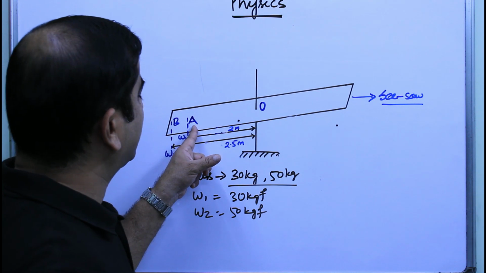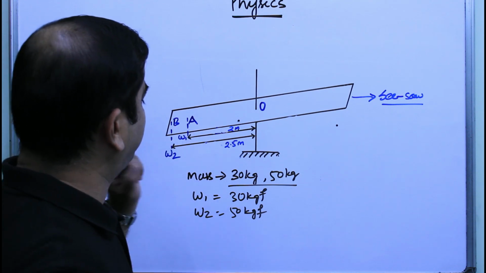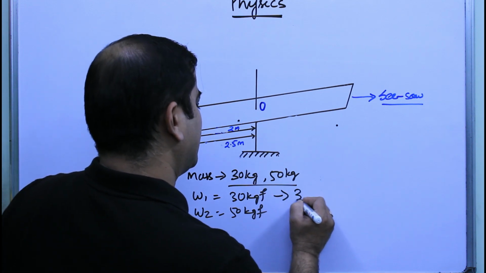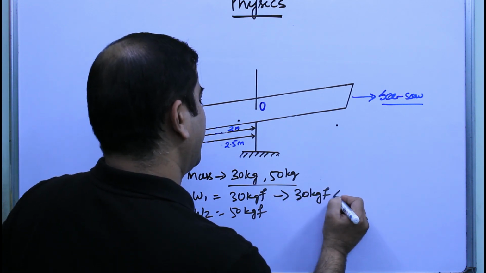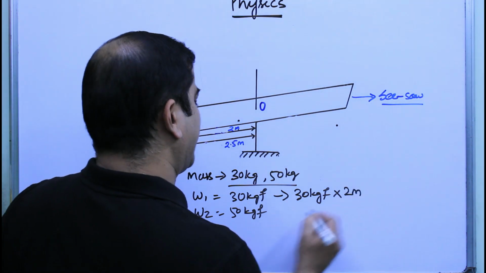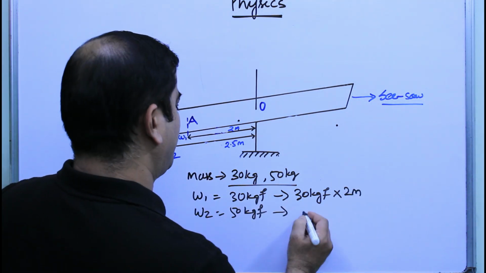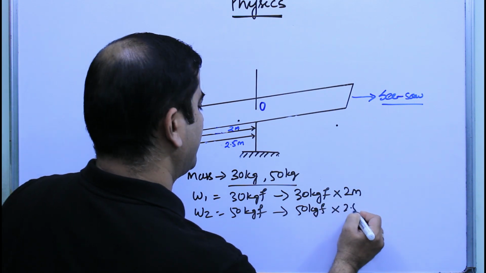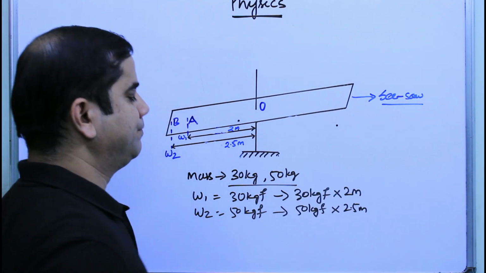A child is seated at A, another is at B. So at A the moment of force would be 30 kgf into 2 meter, and that at B would be 50 kgf into 2.5 meter.